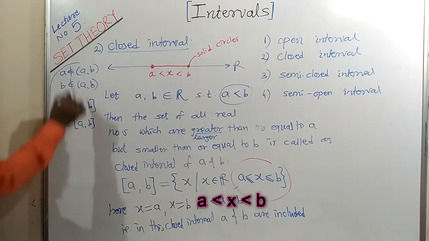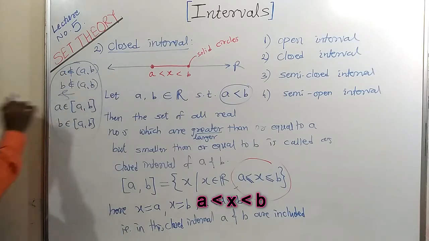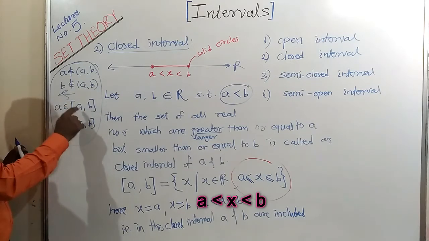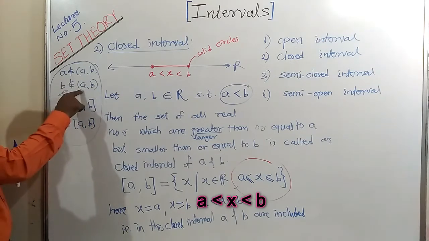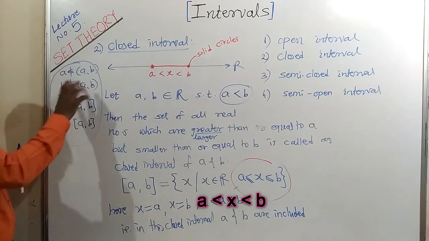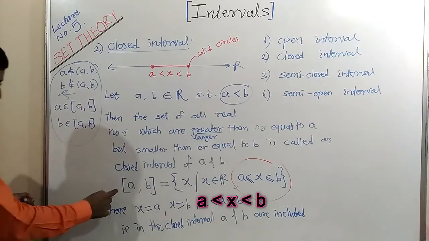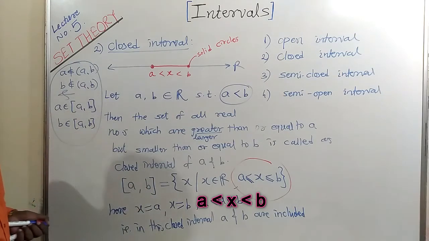Remember these two important points. Whenever a closed interval is given, the first element belongs to that set, and the last element also belongs to that set. But whenever the interval is open, the first and last elements both do not belong to that set. So that is the closed interval. We can read this as closed A, closed B.